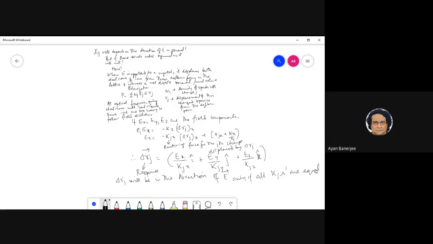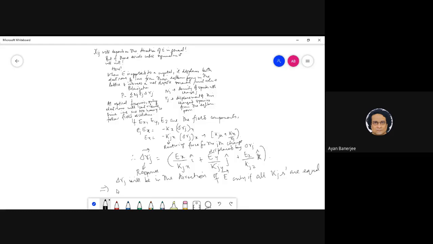By the way, this is why you have anisotropy present, because these spring constants are not equal in all directions. Okay, so this is extremely important. And when will this be the same? When will the Kj's be the same?